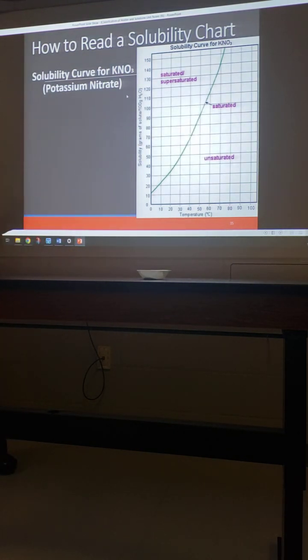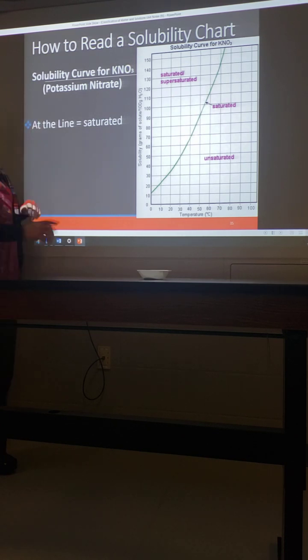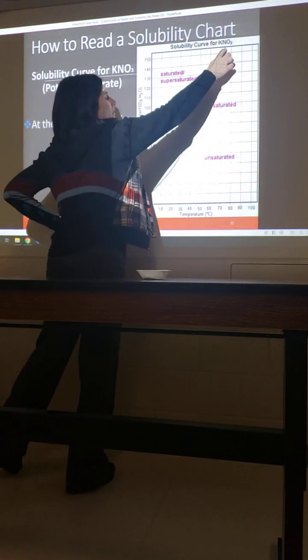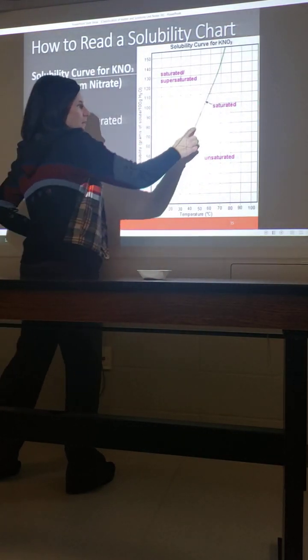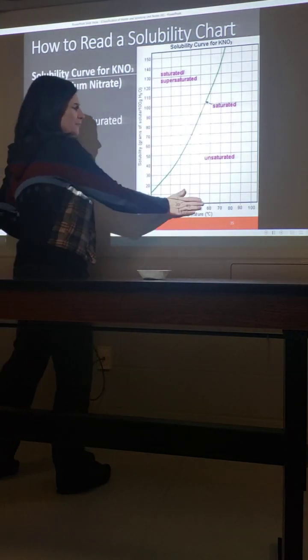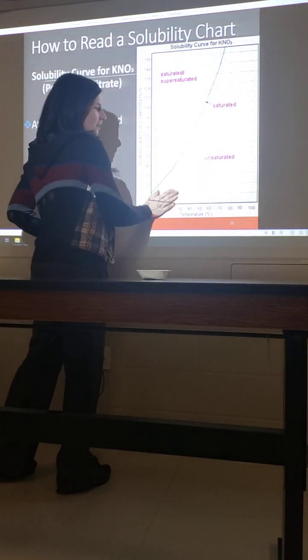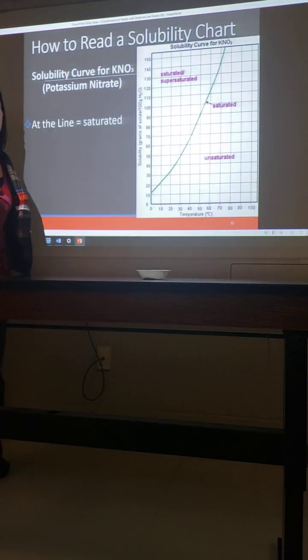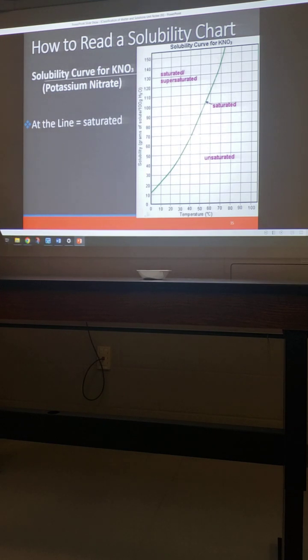So here's some ways that the questions could be asked. I could say, where is saturation? Well, it's anywhere along this green line, okay? Notice how underneath the line, it says unsaturated. Un means not.